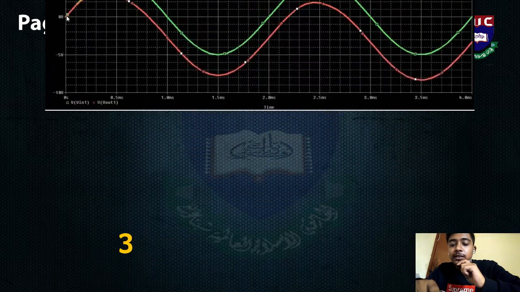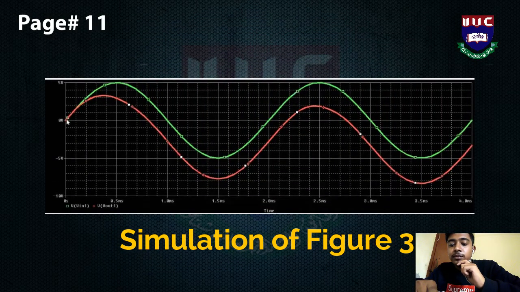So if we connect this with the oscilloscope, then we will get this type of simulation. Here we get a different type of output and input. The green one is the output and the red one is the input.